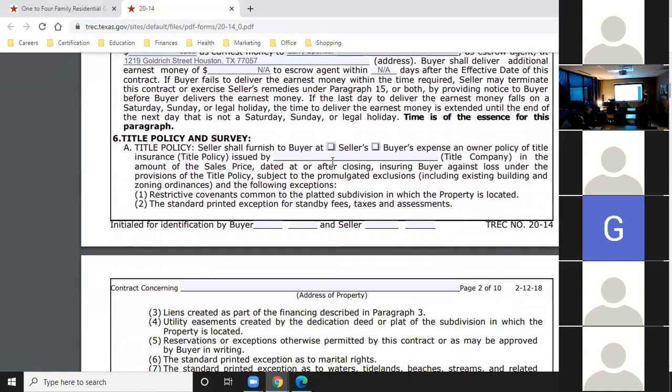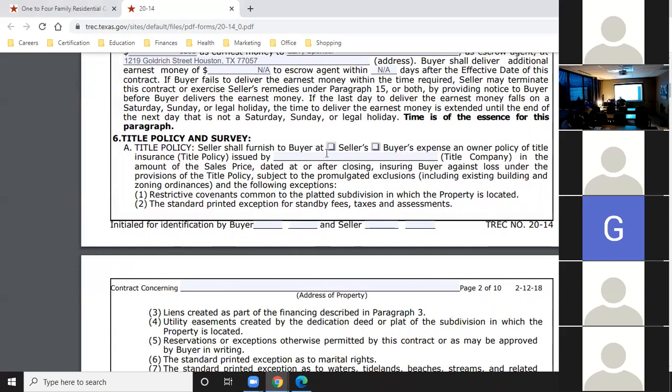All right, 6, title policy and survey. Does anybody have anything they want to add as far as this paragraph 6 here? Title policy, seller shall furnish to buyer at blank's expense. And remember, when you're filling this out, you're filling this out as a buyer.